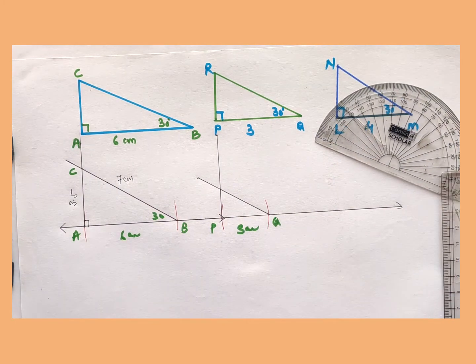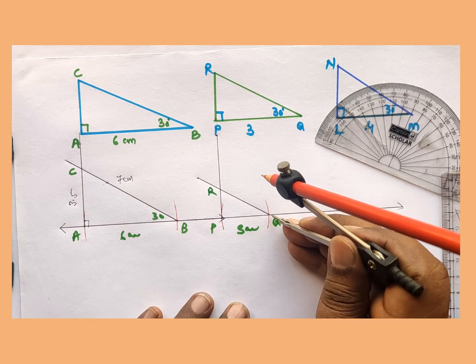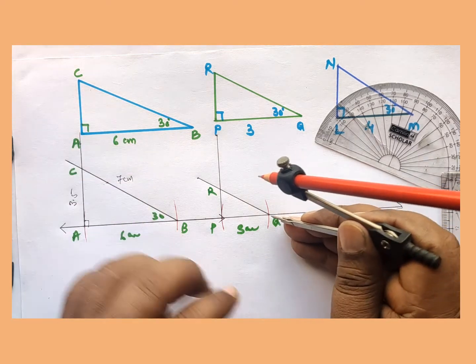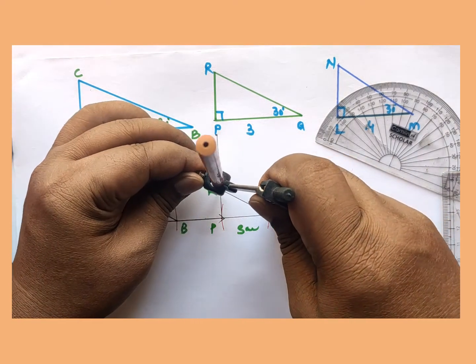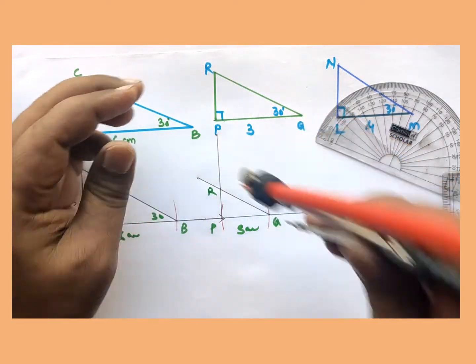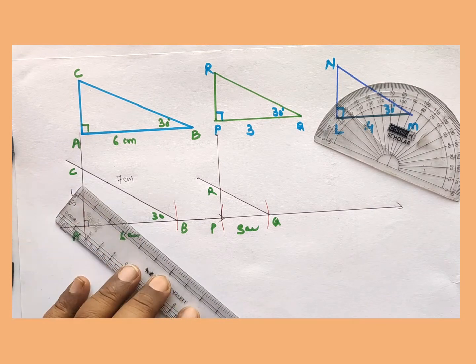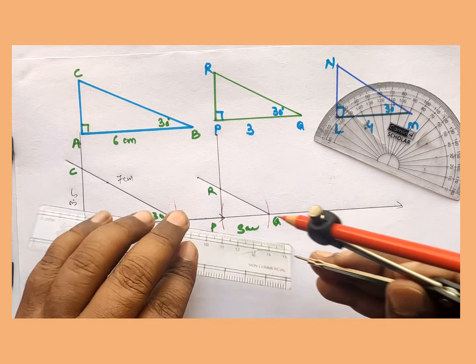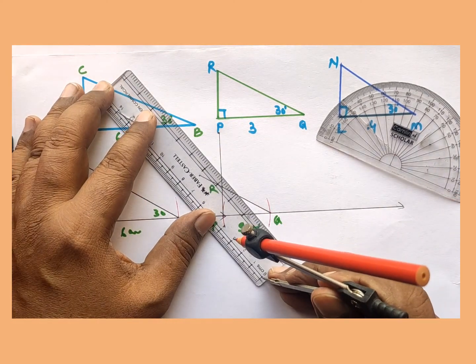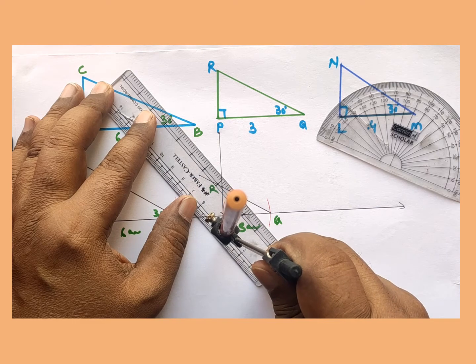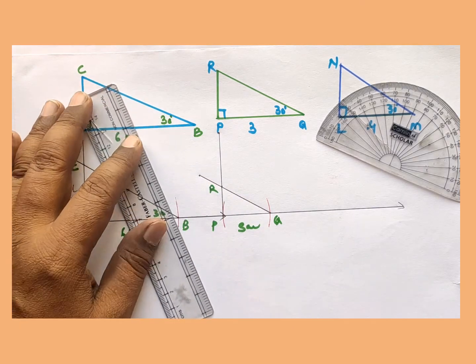So again the measurement. Sorry, before that we need to write down R here. So first PQ or RQ. PQ is known to us. See here. So we got here 3.5.